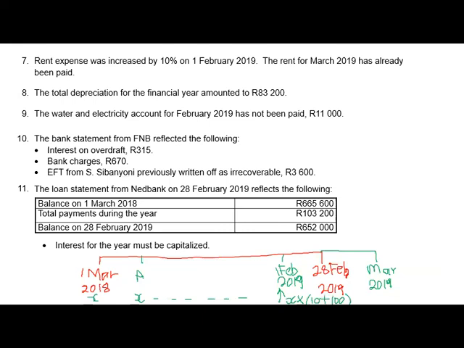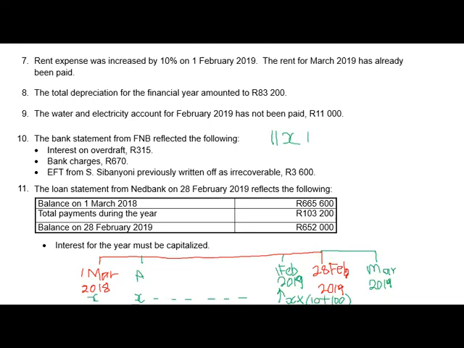So it was X for how long? March, April, May, June, July, August, September, October, November, December, January. I can't count Feb because it increased on the 1st of Feb. So it was X for 11 months, and adding X for 11 months is the same as multiplying it by 11.